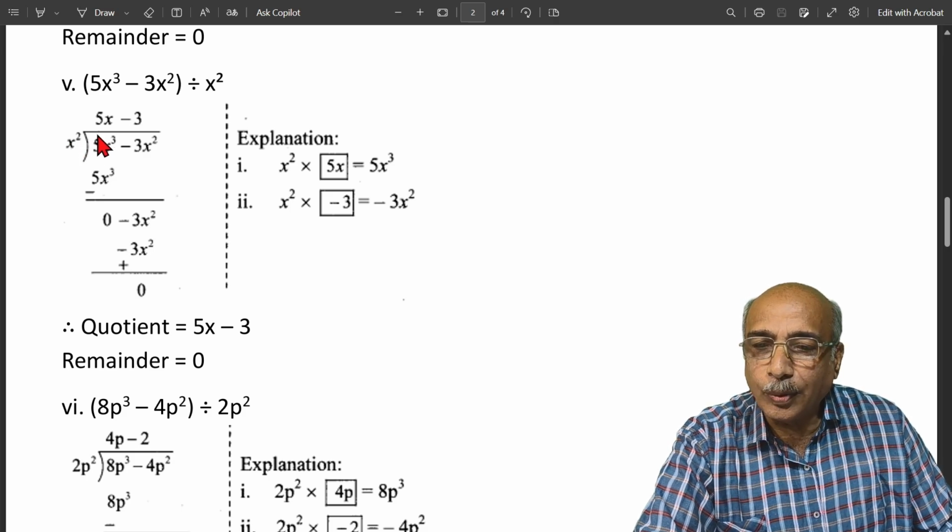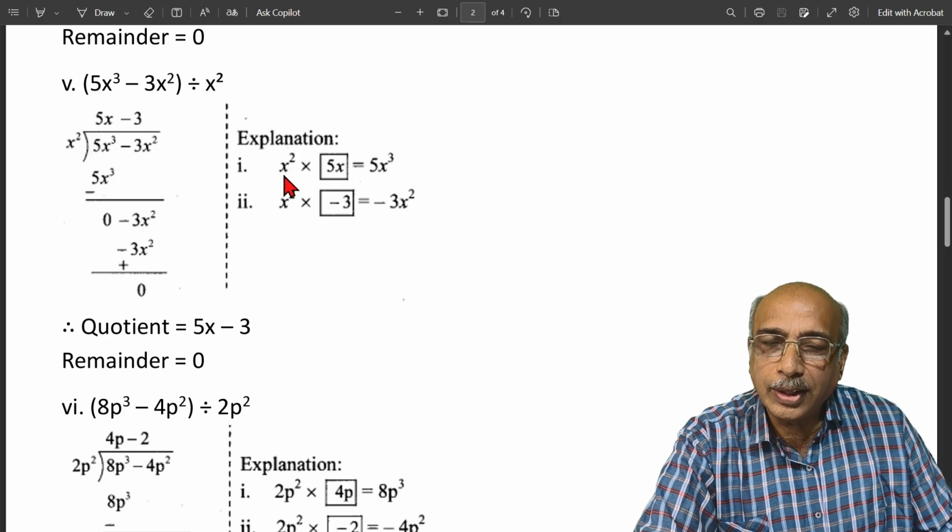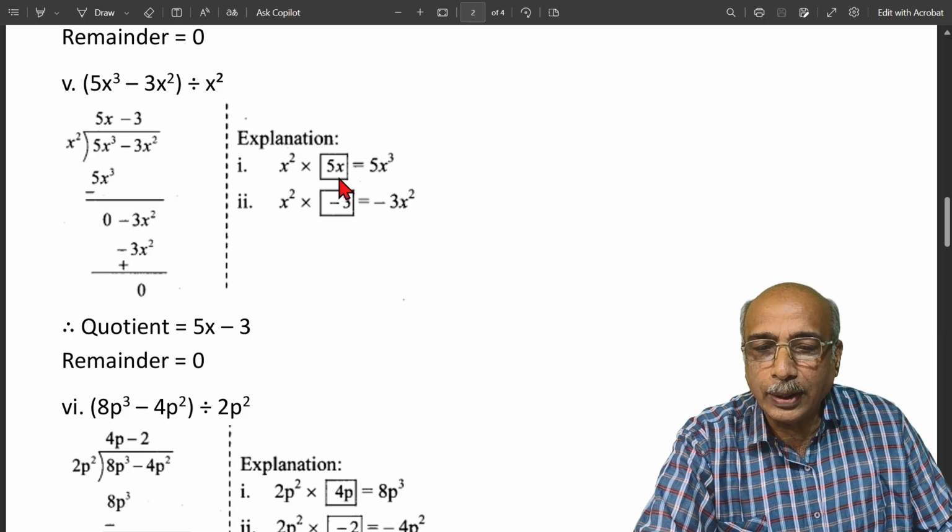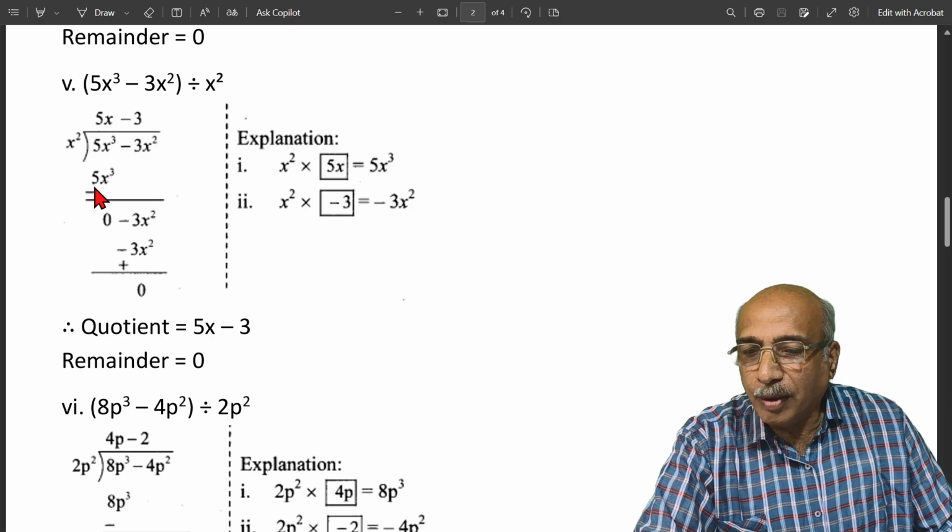Here it is x square. So x into x square will be x cube. Explanation it is given here. X square into 5x equals to 5x raised to power 3. Got it clear? Then simplify as division method. Will get your remainder 0.